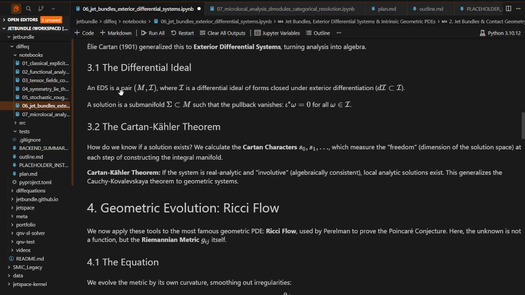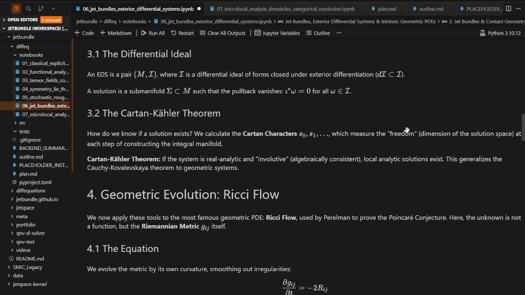So if you have some pair on a manifold, and I is the ideal, it's a differential ideal of forms closed under exterior differentiation. A solution is a submanifold of M such that the pullback will vanish on the ideal, so all such submanifolds pull back to 0 on the ideal.